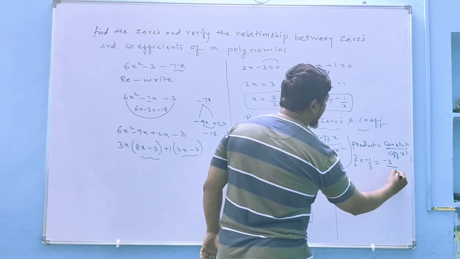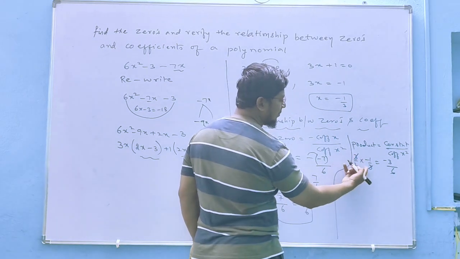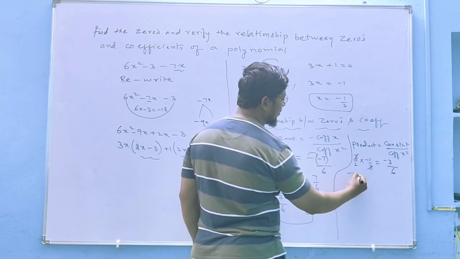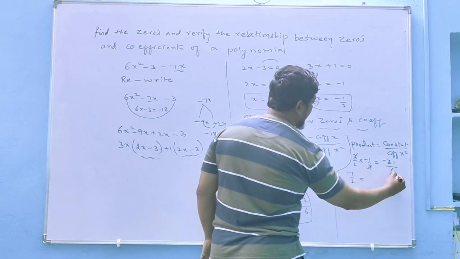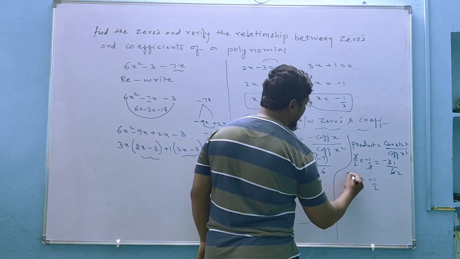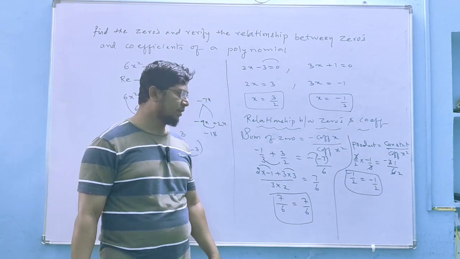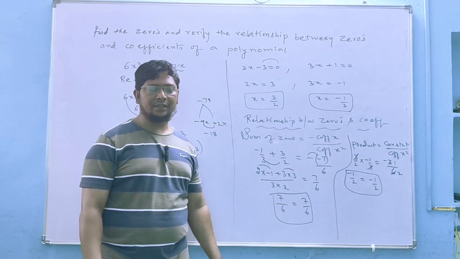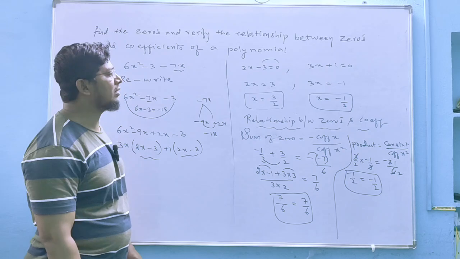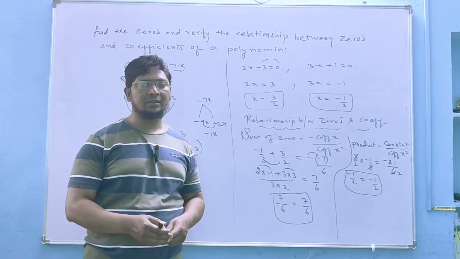Minus 3 upon 6. 3 and 3 cancel here, multiplication, and minus 1 by 2. Here 3 ones are 3, 3 twos are 6, cancelled. So minus 1 by 2 is equal to minus 1 by 2. This is a relationship between the zeros and quadratic polynomial coefficients.